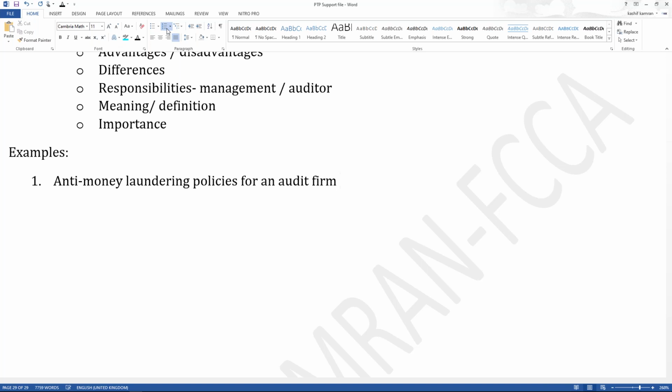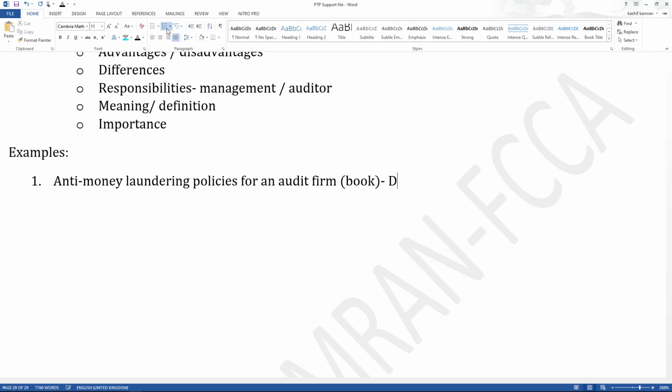A lot of times when a question comes on money laundering, the examiner asks you to recommend the anti-money laundering policies for an audit firm. These are rote learns. These are given in the book, because on money laundering there is no article. So you can read the anti-money laundering policies from a book and be good.